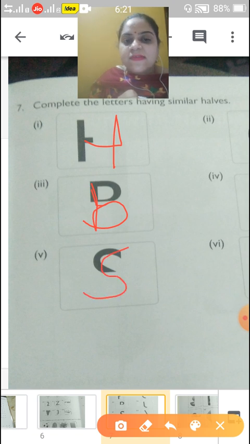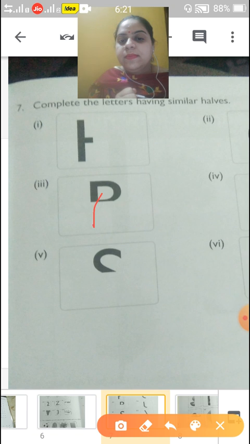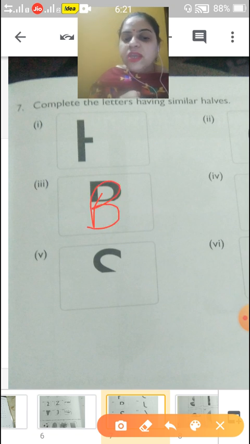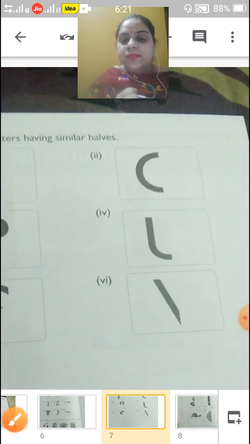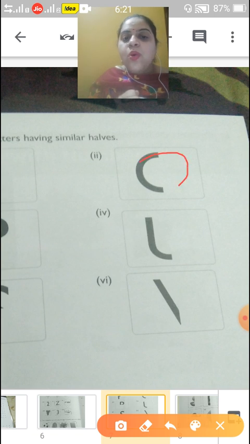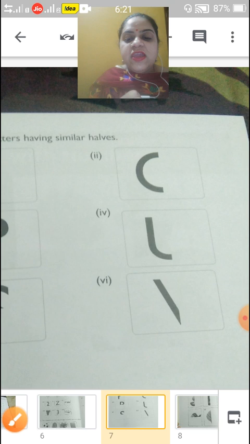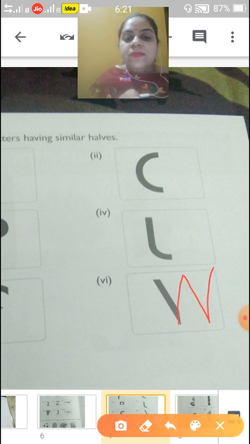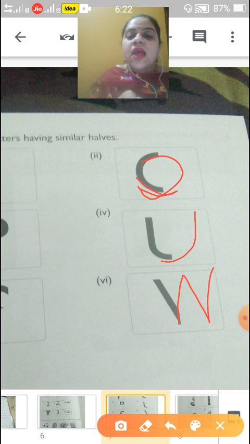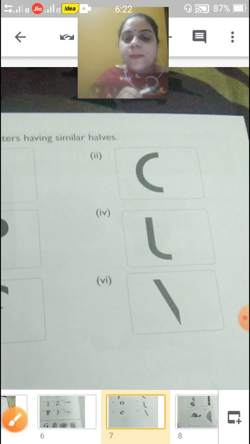Next, this is S. H, B, S. Okay children, next this is O, this is U, this is W, this is not V, this is W. Okay children, U and O. Like this, you will complete your letters and do very neatly. Okay, children? Now come to the next.